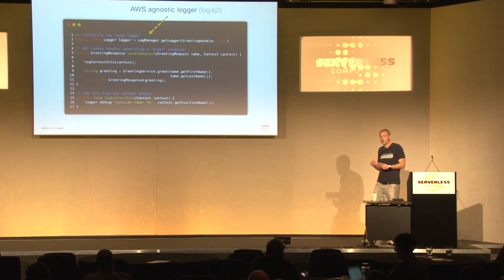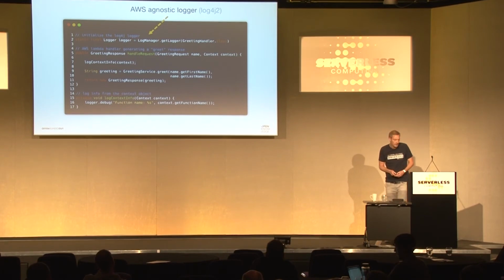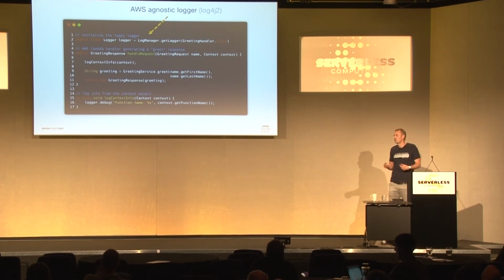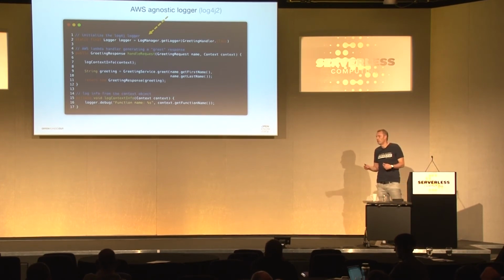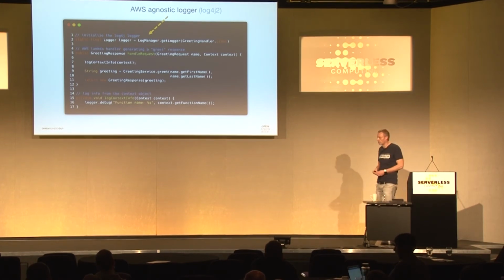For example, the logger: we can get rid of it by using a cloud-agnostic logger like Log4j or something like this. This is very easy, and we can use this logger in the cloud and also on our local machine. So it still works in the cloud. That's very important. And of course, we can also use interfaces.